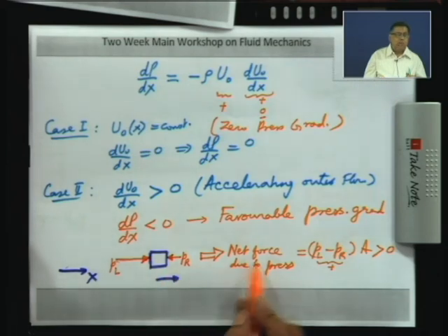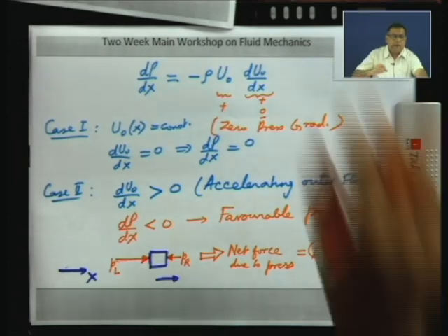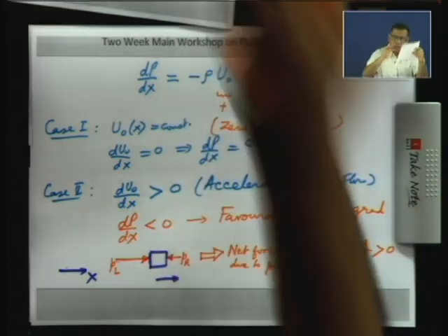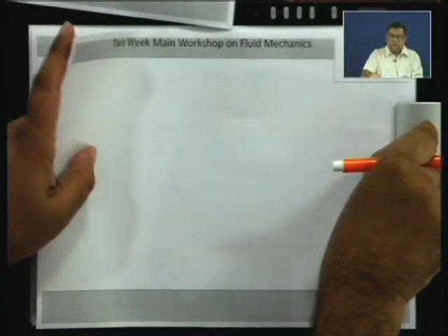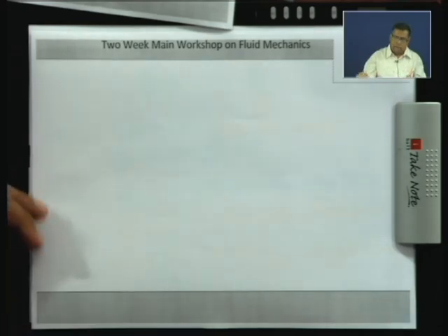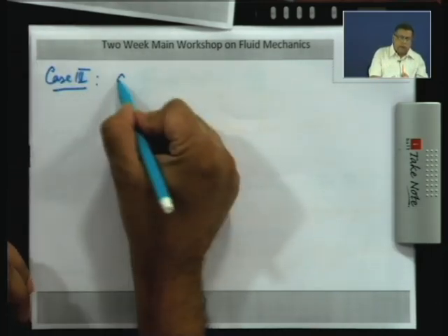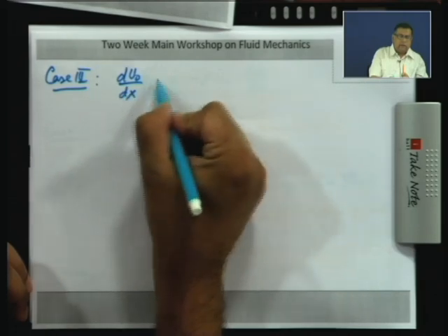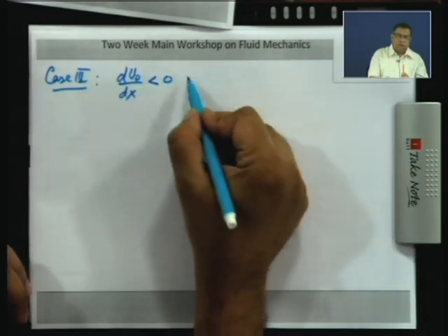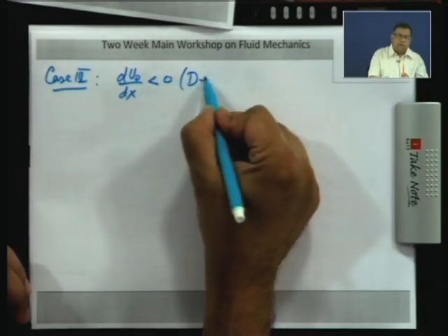So, it is aiding the motion of the particle or favoring it, that is why it is called favorable pressure gradient. Now, we can have a case 3 where du 0 dx is negative. So, this is a case where the outer flow is decelerating.